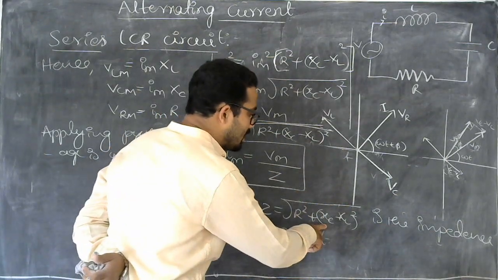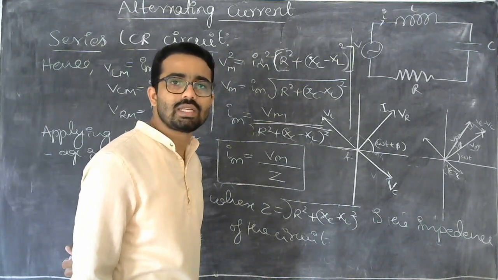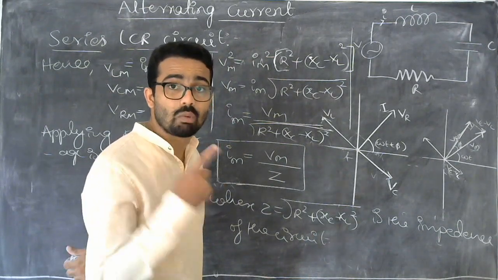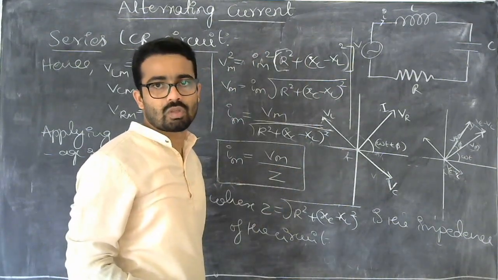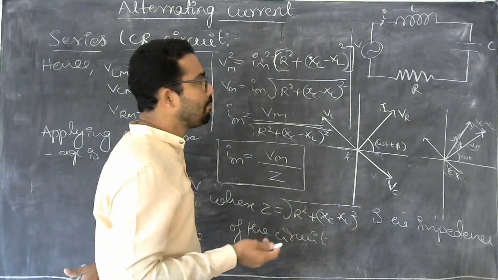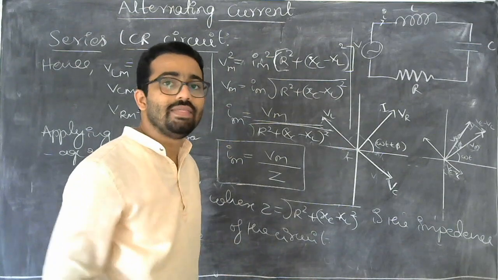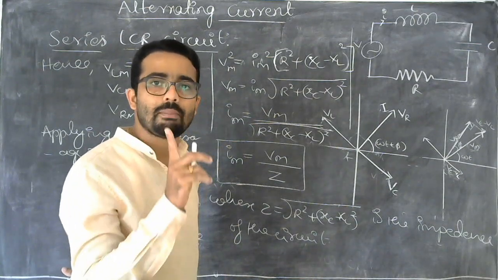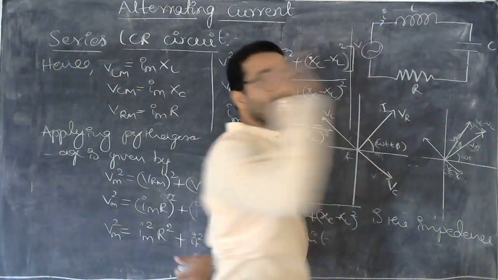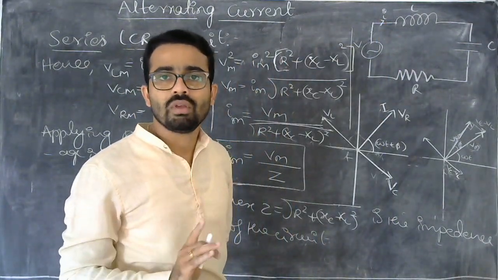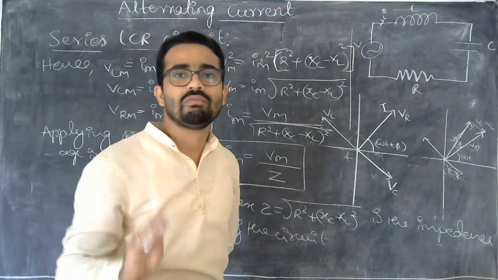Xc is the capacitive reactance and XL is the inductive reactance. When the capacitive and inductive reactances become equal, the current flowing in the circuit is a maximum. Then an interesting thing will happen: the phase difference between the current and voltage will vanish. That means the current and voltage will reach the maximum and minimum values at the same time.